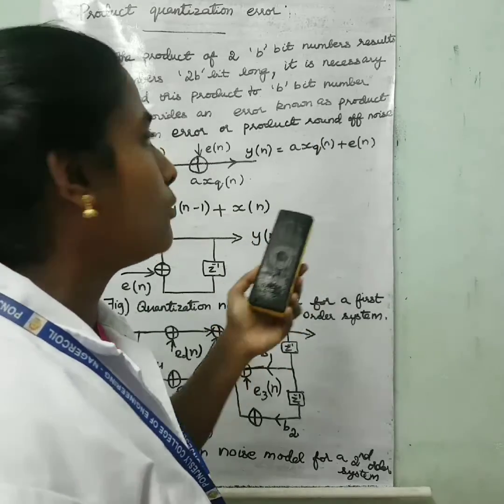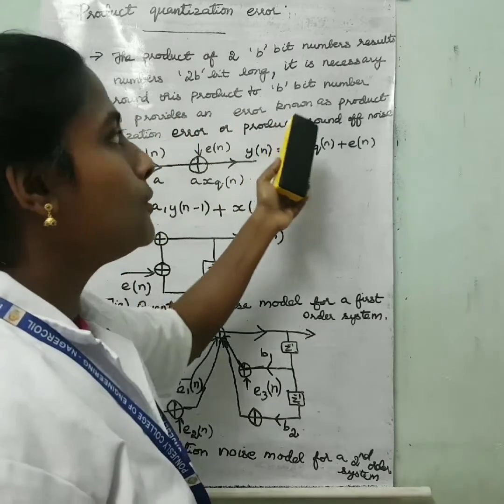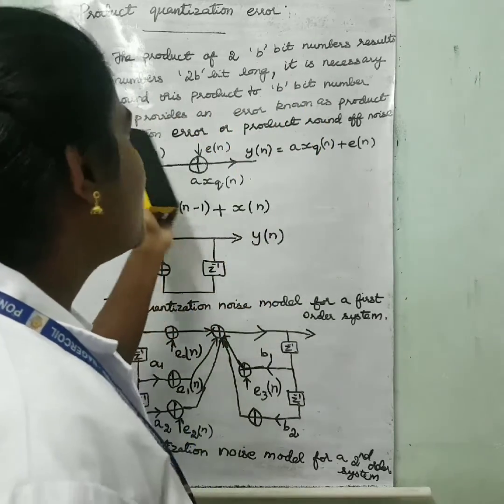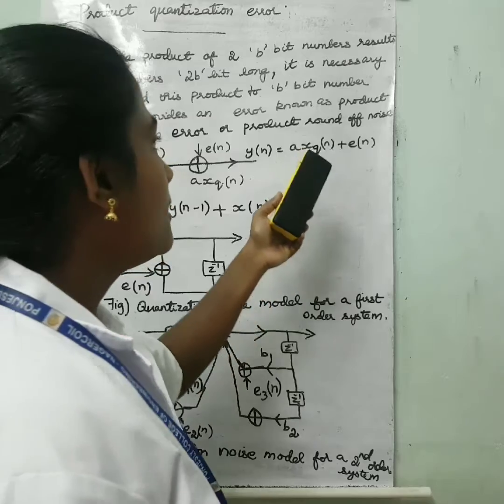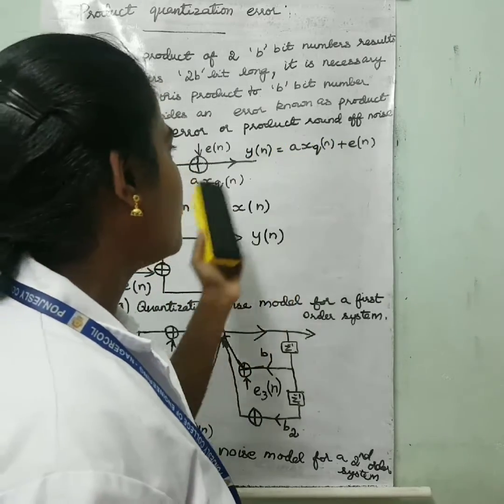So we have to round off the answer. The product should be rounded off to b-bit, which provides an error known as product quantization error or product round off noise.